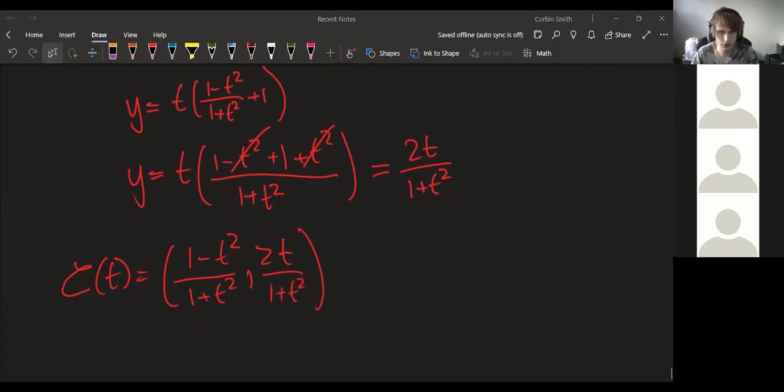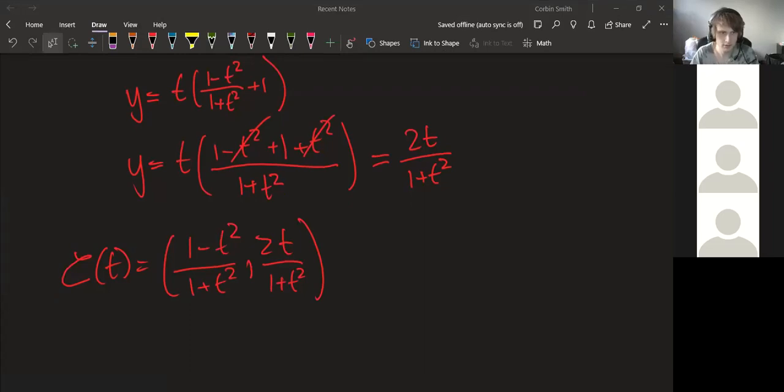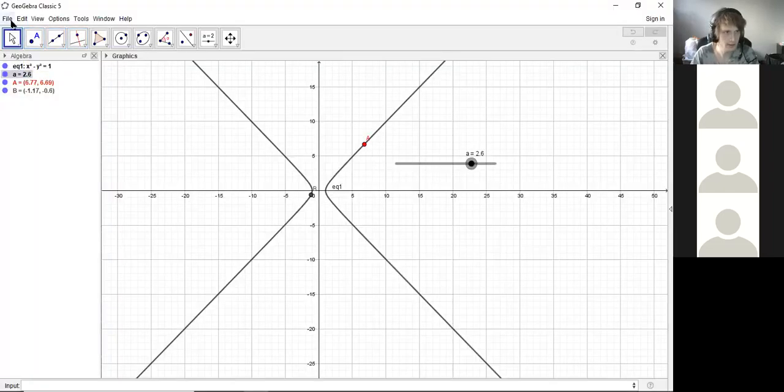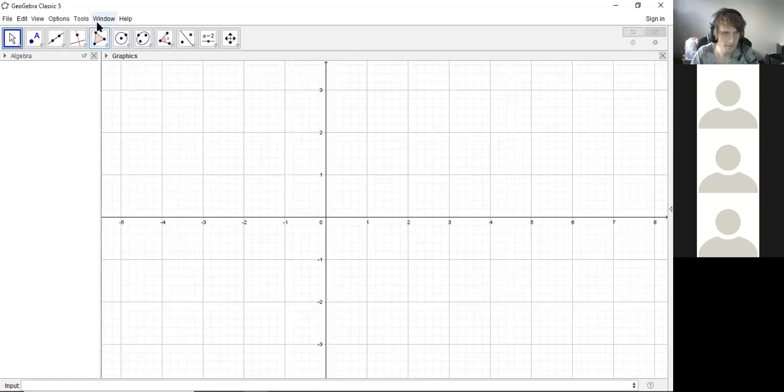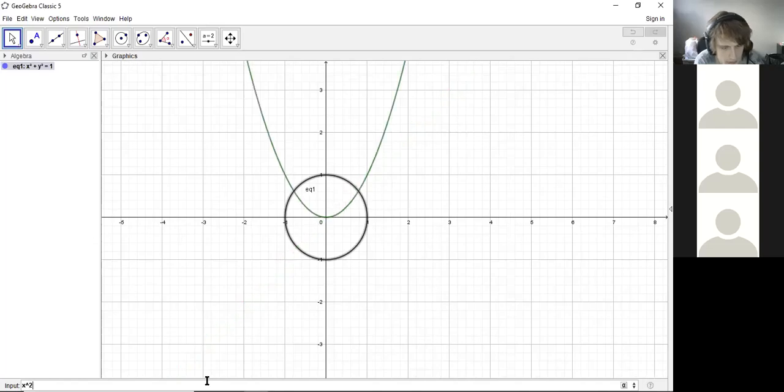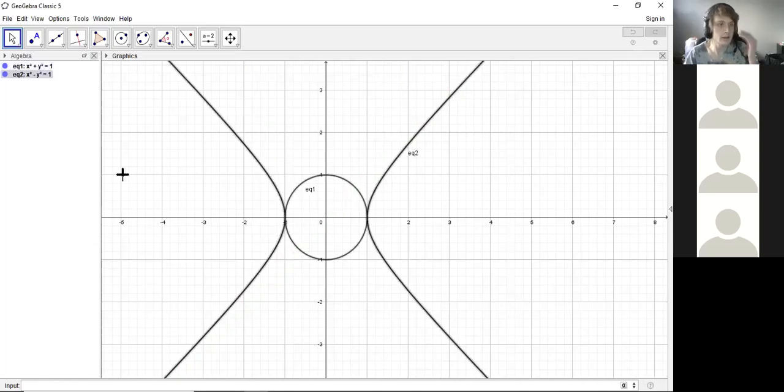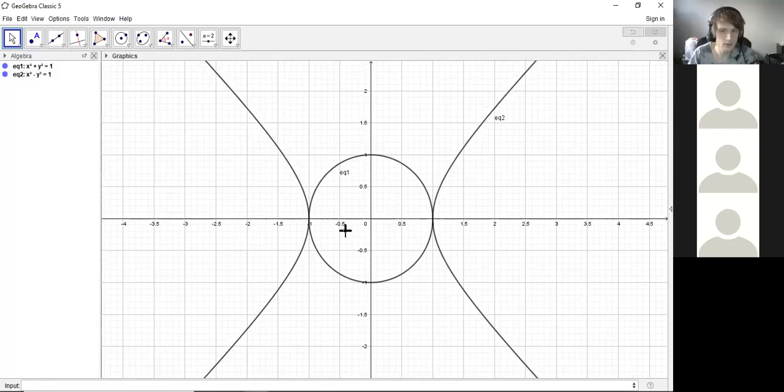So let's go back to GeoGebra. Let's get a new file. Don't save. So we want the circle x squared plus y squared is equal to 1. And then, heck, I'll just include this for when you guys tell me what the other parameterization is. And then we want, I guess I need a slider here.